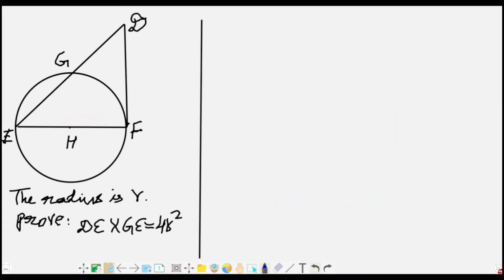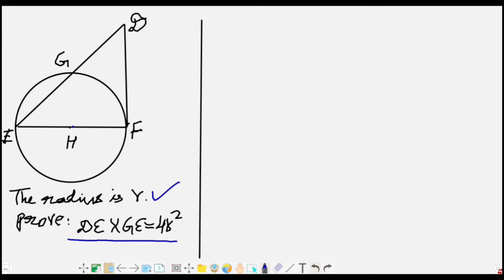Now students, in this given figure, EF is the diameter of the circle, because the center H is on EF itself. DF is tangent at point F. DE is the secant. Radius is given R and you are asked to prove that DE into GE is 4R square.